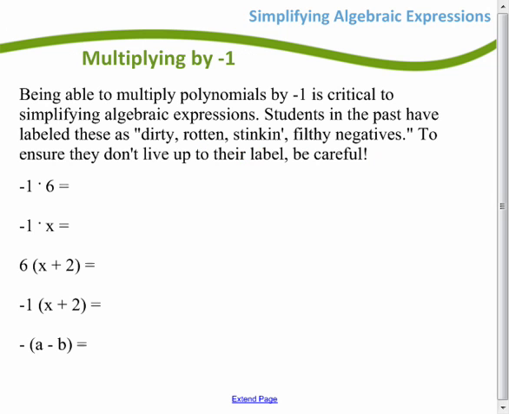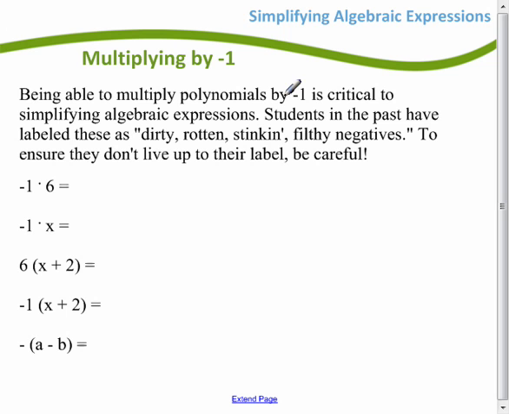Now, another thing that we are often asked to do in a question, and we have to do this in order to simplify, is multiplying by a negative 1. On this page I show you some basic examples, but on the next page we'll show you some that are just a little bit meaner.